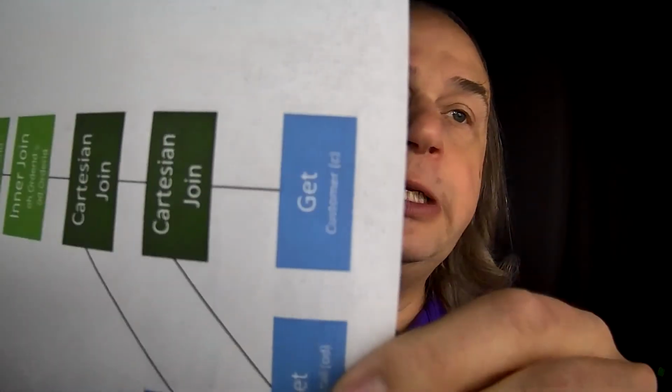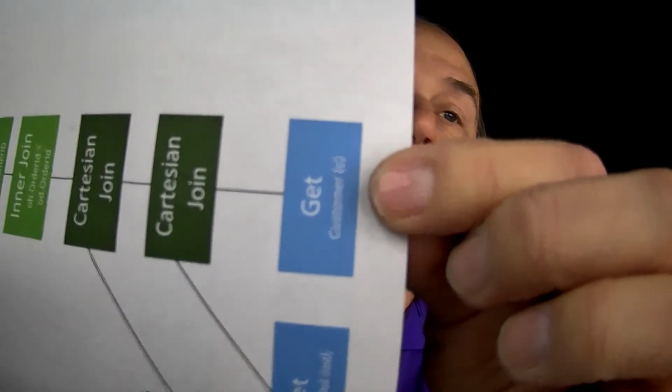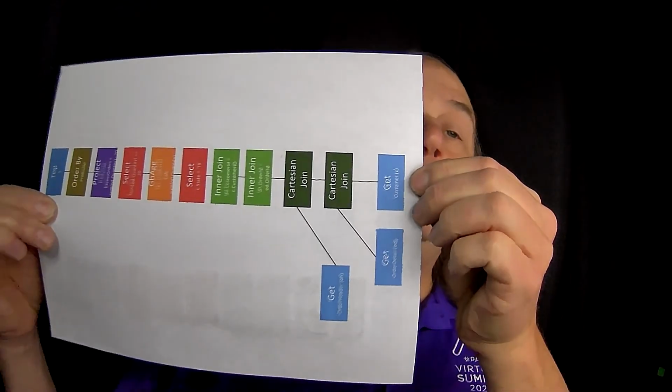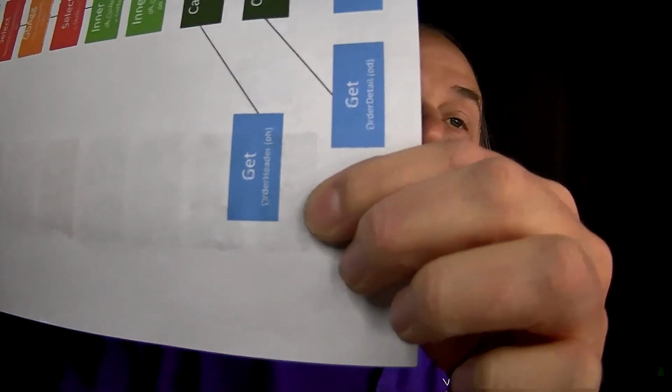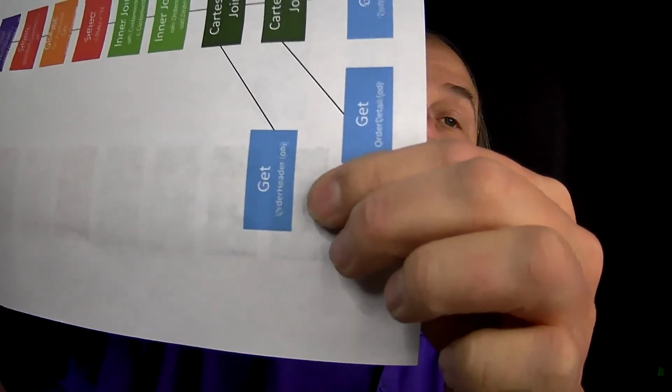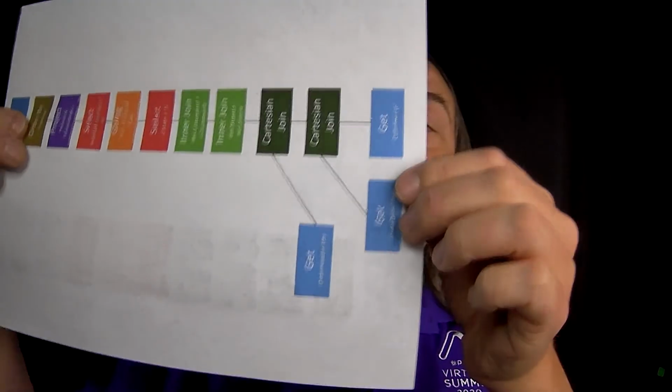If I pull in a little closer, you'll see that up here in the upper right-hand corner, we have the get operator for customer ID. What we really want is the get operator that's down here to appear up here instead.